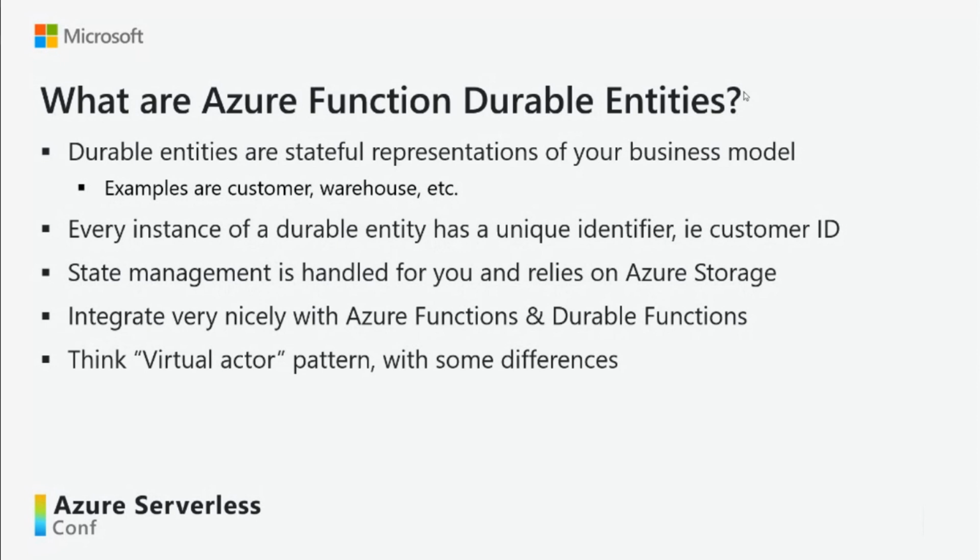Now, the beauty of this is that the state is fully managed for you, and you don't have to worry about that. I don't have to store it in SQL and read it again or use another data store. No, Azure Functions does this for me. Out of the box, this uses Azure Storage, so I don't have to worry about this. I just interact with my durable entity, and it gets persisted correspondingly.